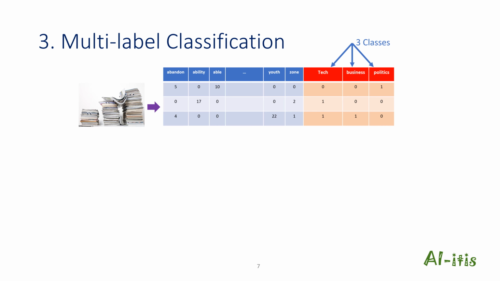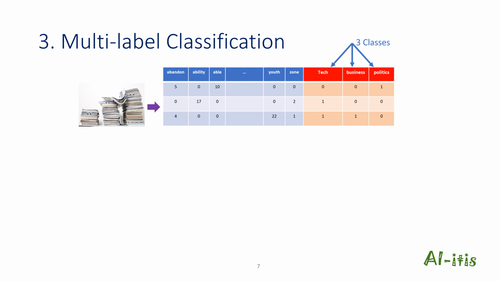And the red part contains our classes, which are technology, business, and politics. We can see that the first news article is assigned to politics and the second one is assigned to technology. But the third one is assigned to both technology and business classes. Some news articles may be related to two or more topics.